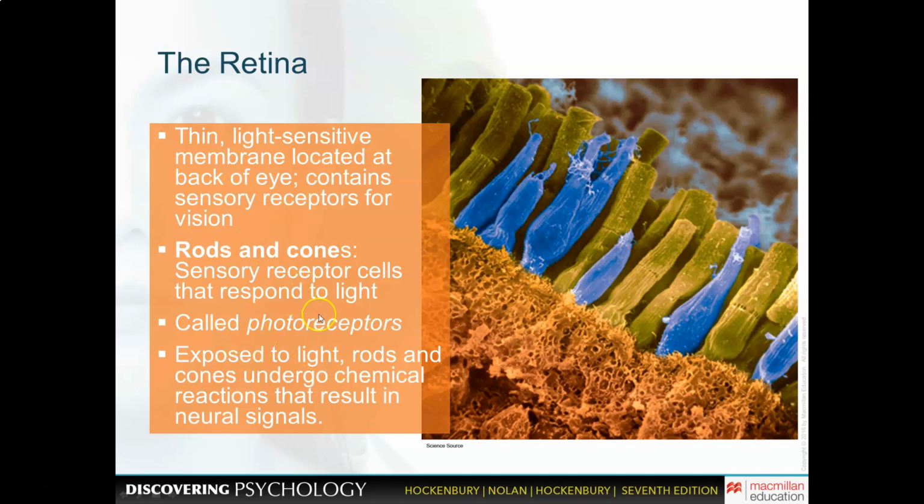Those are called photoreceptors. Photo means light in this regard. So these are receiving light. That's what photoreceptor means. And when light reaches the rods and cones, they undergo chemical reactions that send signals to the brain.